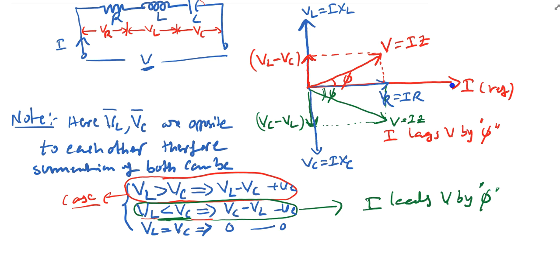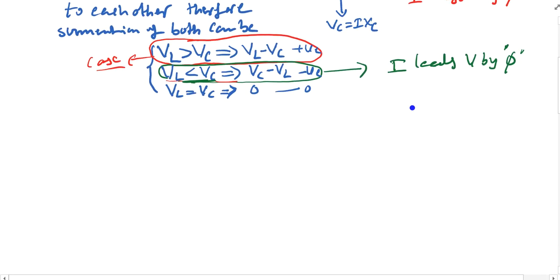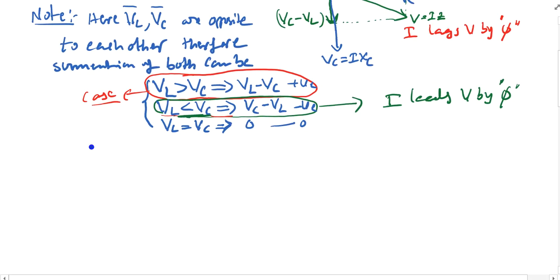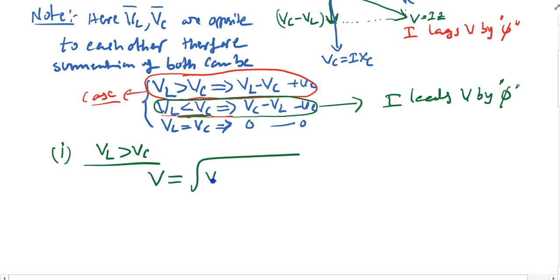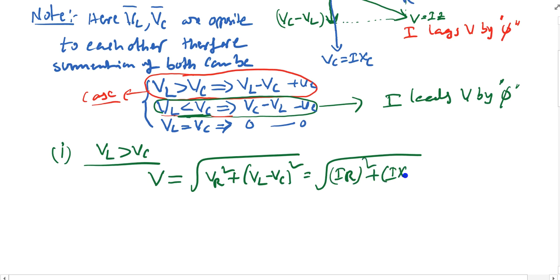Now we are going to take the first case and analyze the circuit. What is the first case? Where my VL is greater than VC, what are the different expressions we are getting. If VL is greater than VC, then V is nothing but the square root of VR square plus VL minus VC whole square, or you can write it as IR square plus IXL minus IXC whole square.